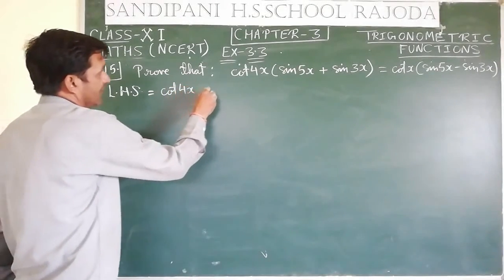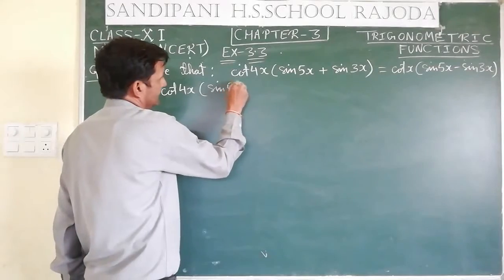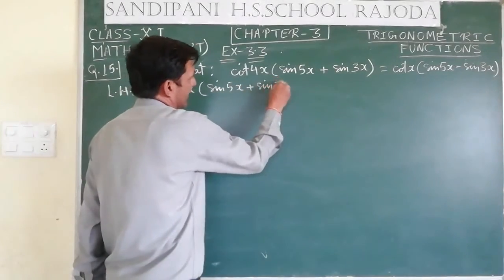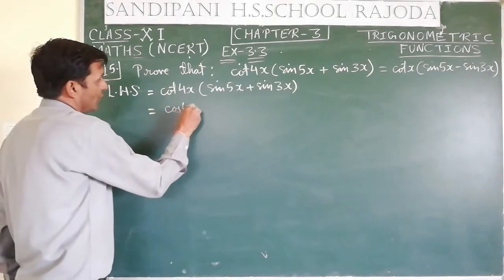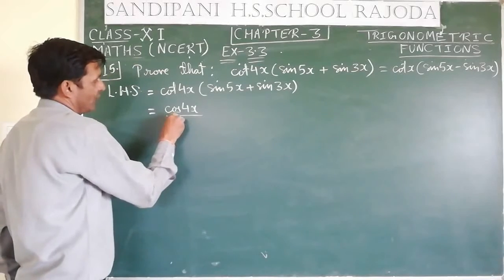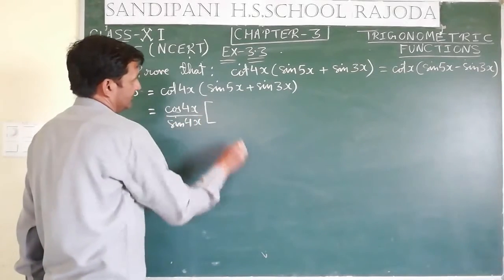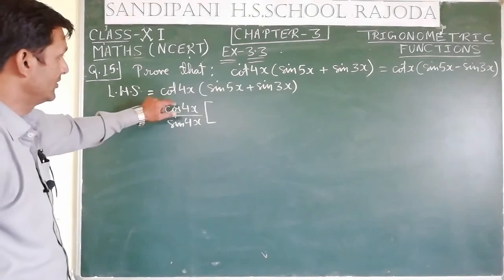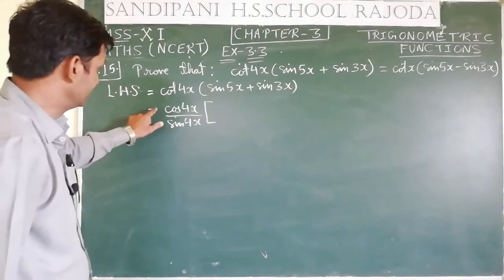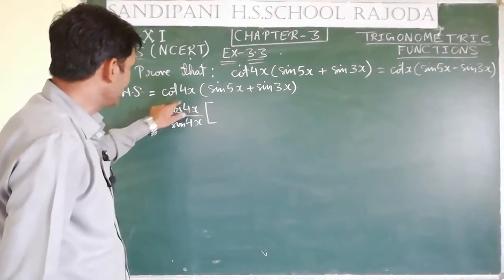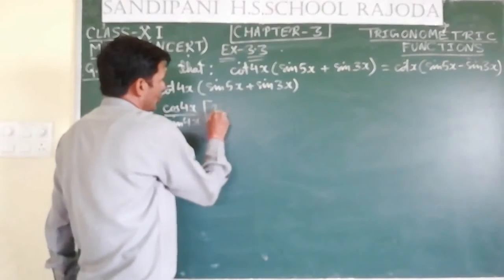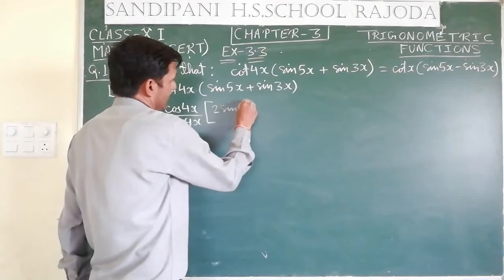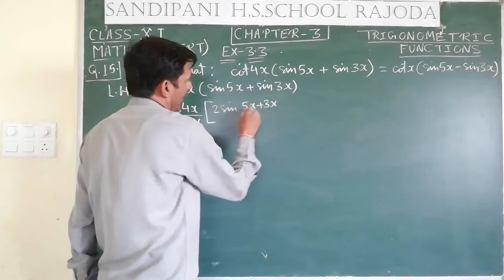LHS is equal to cot 4x (sin 5x plus sin 3x), that is equal to cos 4x upon sin 4x, and in the bracket here sin c plus sin d, 2 sin (c plus d) upon 2 cos (c minus d) upon 2. Cot can be written as cos upon sin form. Cot theta is equal to cos theta upon sin theta.